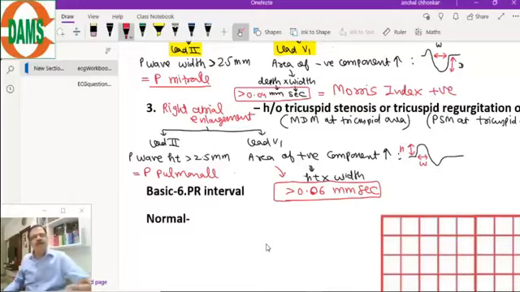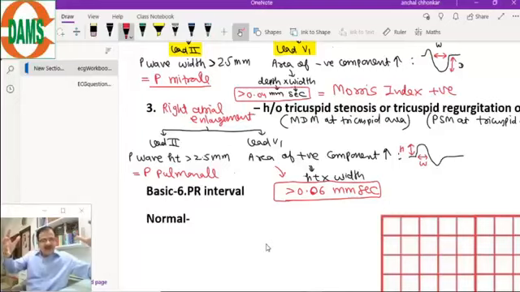Now come to the next portion of the ECG, and the next portion of the ECG is the PR interval. How does stenosis cause the enlargement? If the blood flow outlet is stenosed, like mitral stenosis, tricuspid stenosis, that chamber will enlarge.